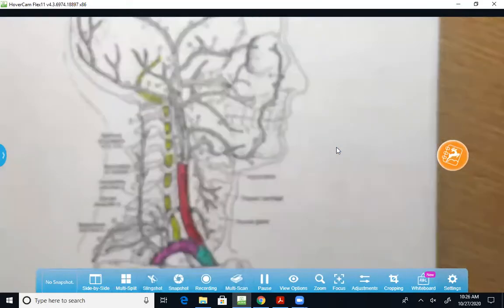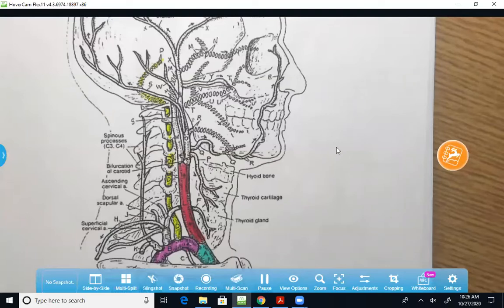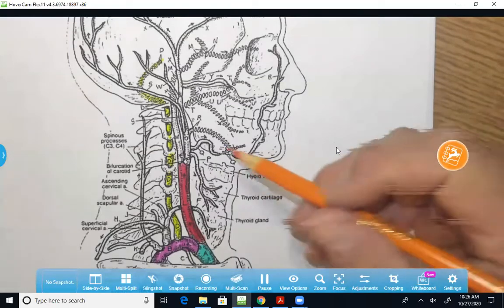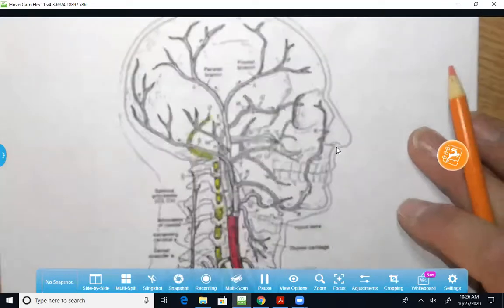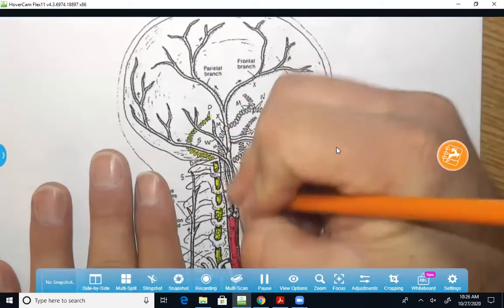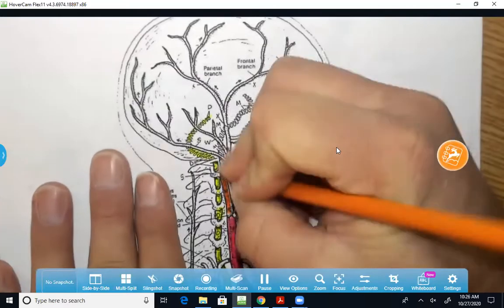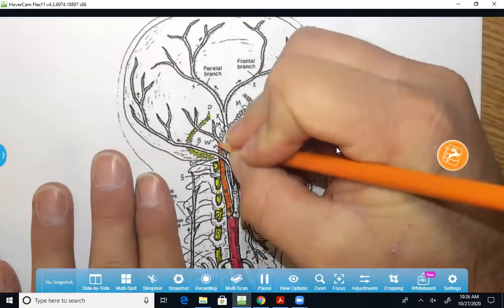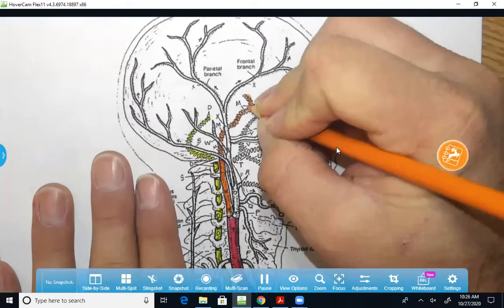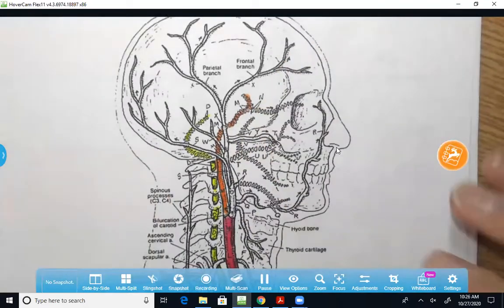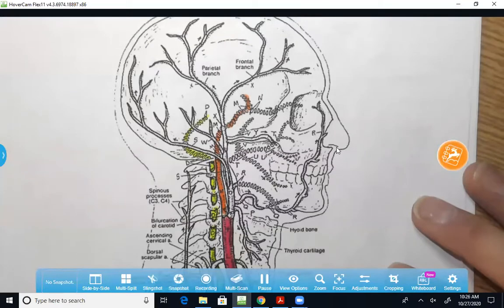Common carotid that we've already colored once runs up our neck, and then it comes to a fork. One of those is the external, one of them is the internal carotid artery. Letter M that I'm coloring now is the internal, runs up, very important feeder of our brain.